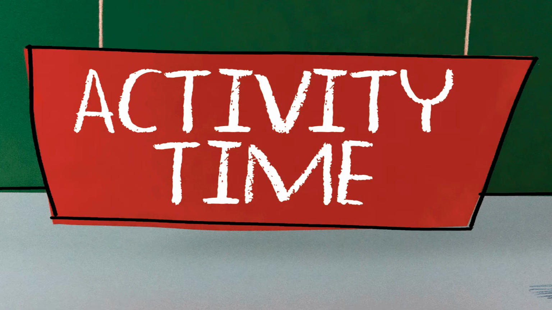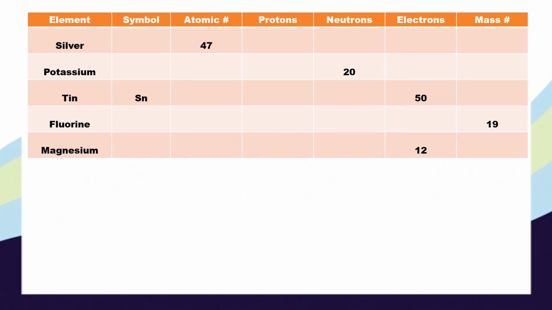In order for you to test if you understand our lesson for this day, and since you already know the concept, let us have a short activity. Now, you will solve for the missing information of fluorine and magnesium. You only have 1 minute to solve for the missing information, and you may start now. I'm going to show already the answers for silver, potassium, and tin since we solved them a while ago.